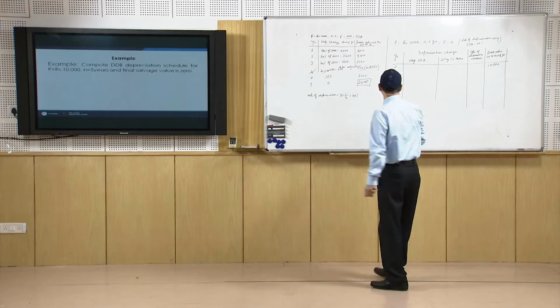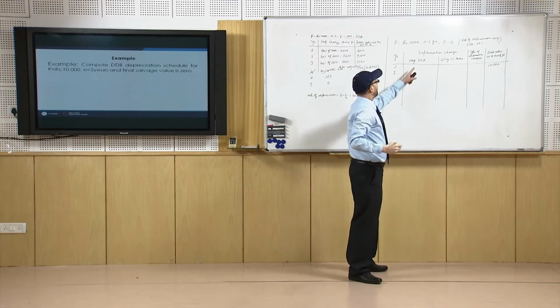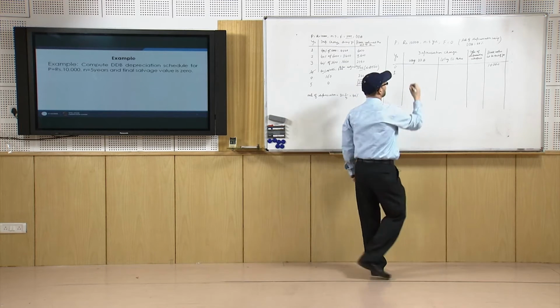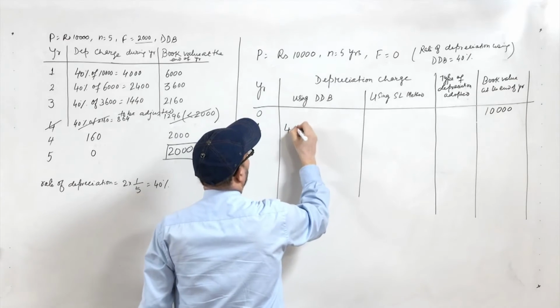So, in the first year it will be 40% of 10,000. So, it will be 4,000.